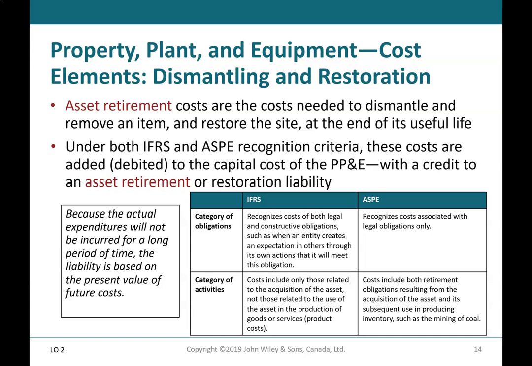Category of activities: under IFRS, costs include only those related to the acquisition of the asset, not those related to the use of the asset in the production of goods or services, that is, product costs. Under ASPE, costs include both retirement obligations resulting from the acquisition of the asset and its subsequent use in producing inventory, such as the mining of coal.